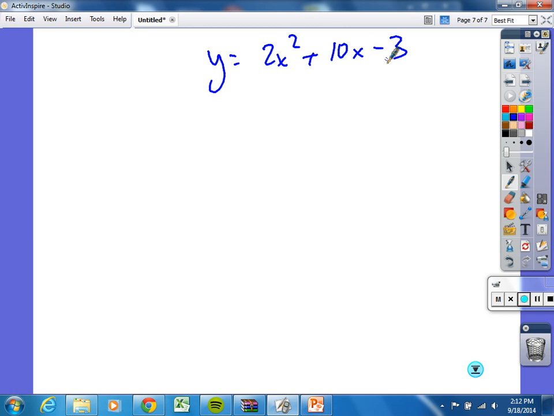Because is this graph going to be going up or going down? Is it going to have a min graph or a max graph? Min, because my a value is positive. So I already know it looks basically like that.